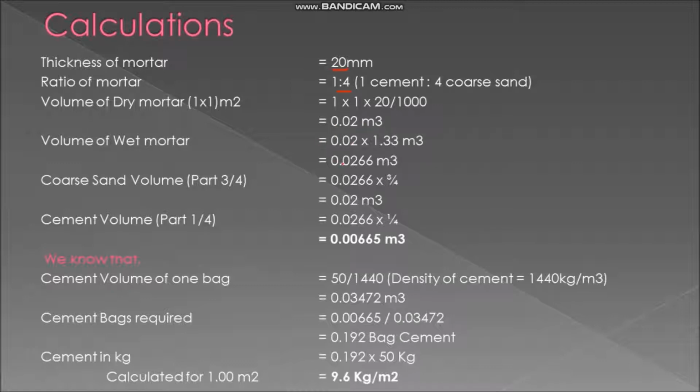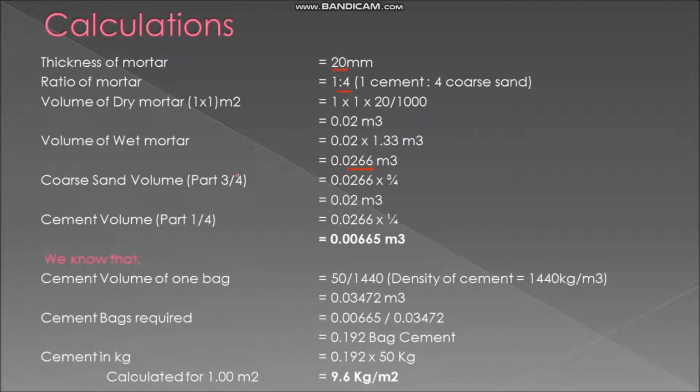Now we will calculate wet mortar, that is 33% more than dry mortar. So we will multiply it by 1.33 to make it 33% more, that is 0.0266 cubic meter.